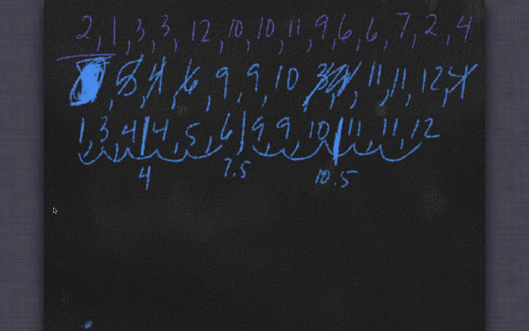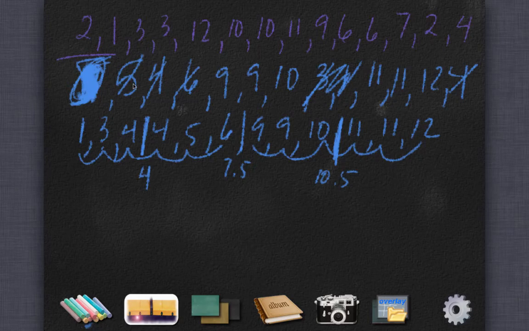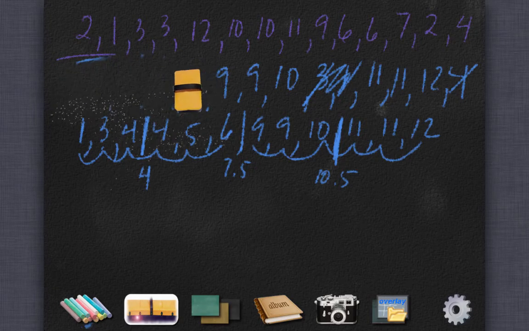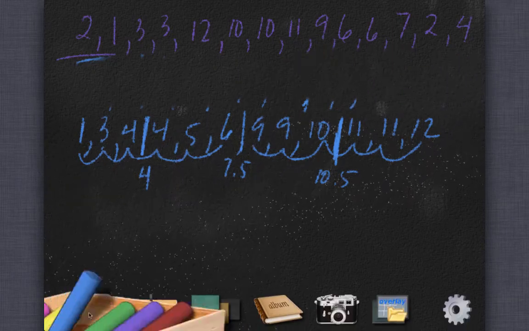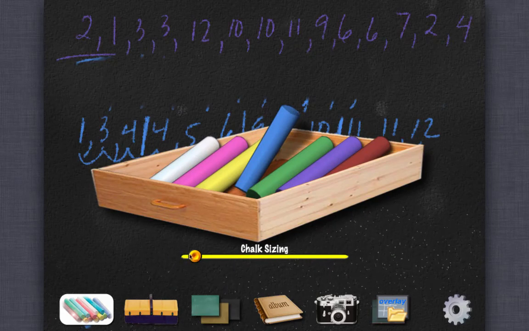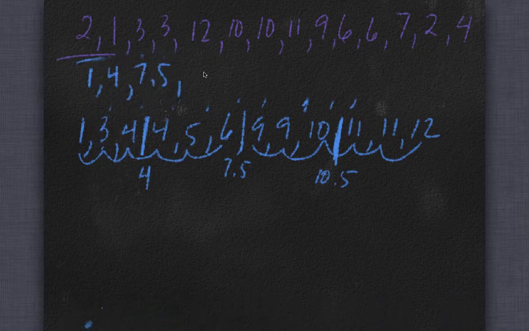Okay, so my 5-number summary is 1, 4, 7.5, 10.5, 12.